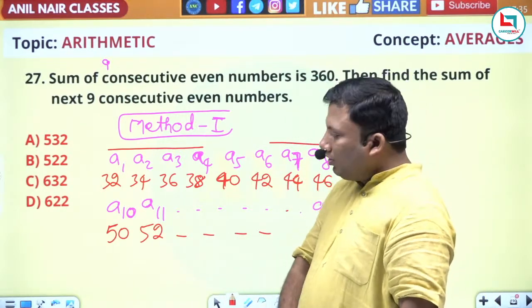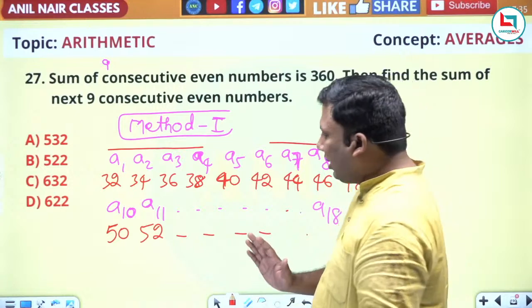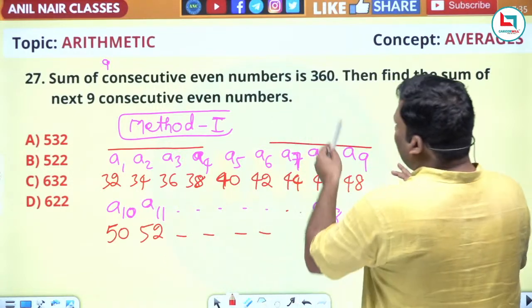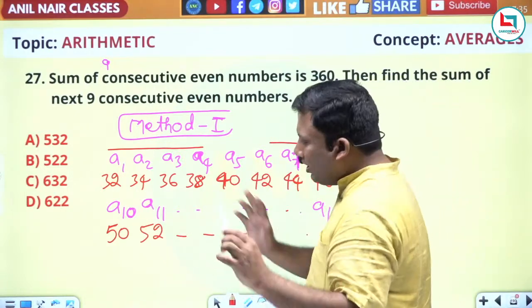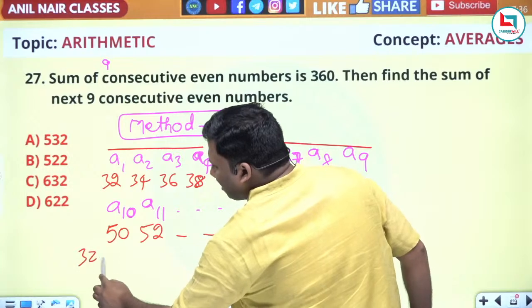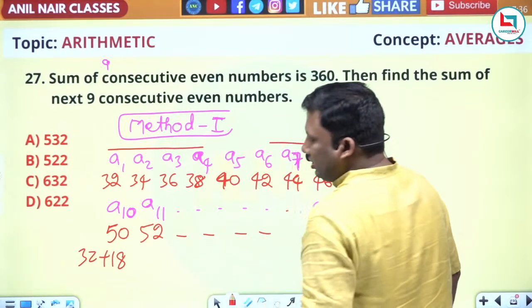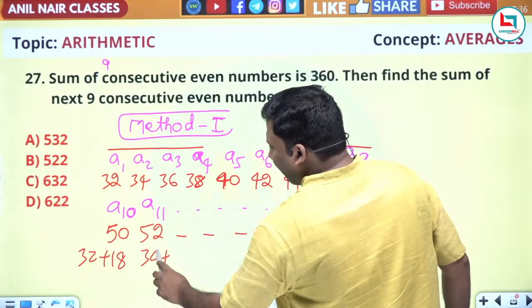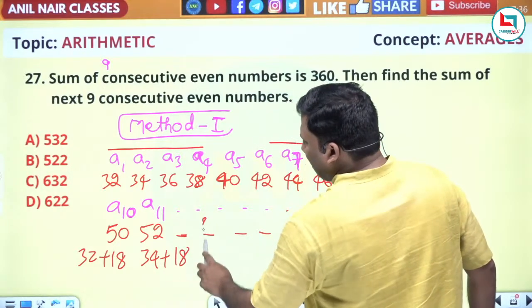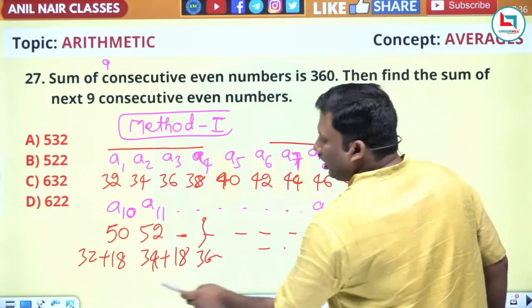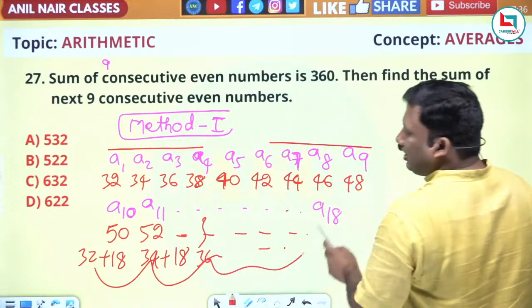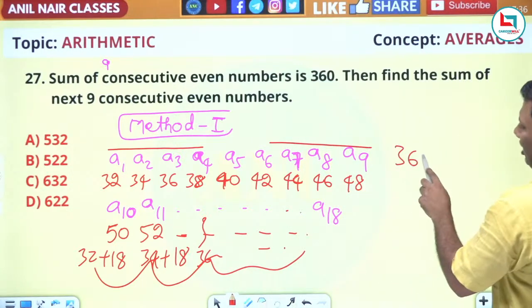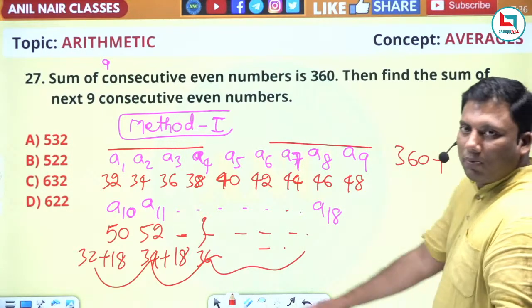Now, if you see here, listen carefully. This entire sum is given as 360. Now, how will you get the answer directly? 32 plus 18, 34 plus 18, 36 plus 18, and so on. 32, 34, 36, all that is 360. 360 plus, how much did we get?